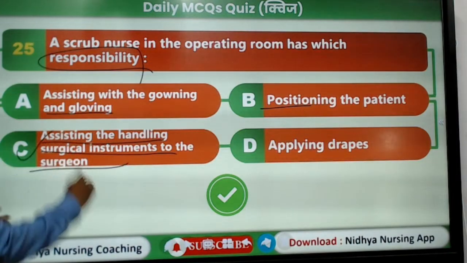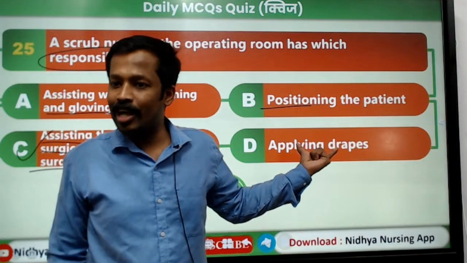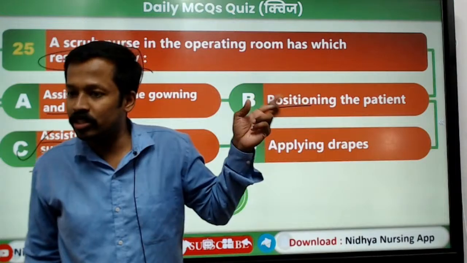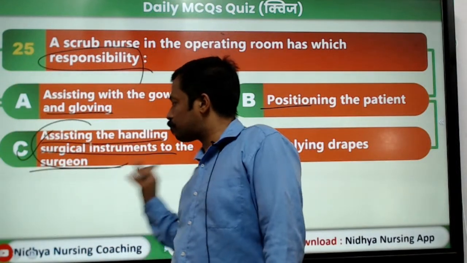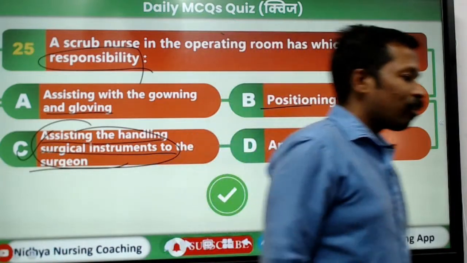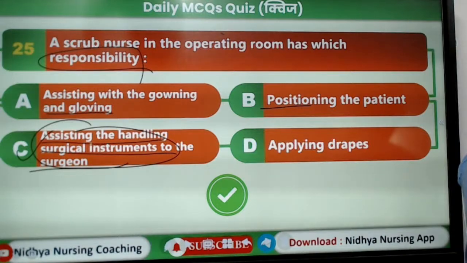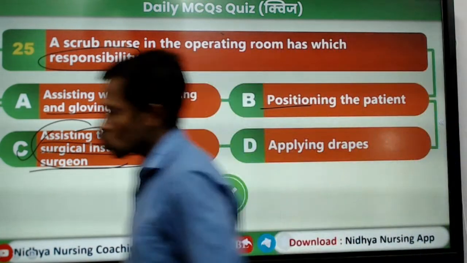Yes, very good. Applying drapes, anyone can do; either the circulating nurse or the scrub nurse. The ideal role of the scrub nurse from these options is the handling of instruments. Got it? So next one. We'll move on.